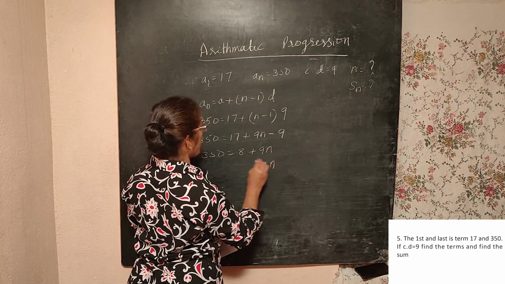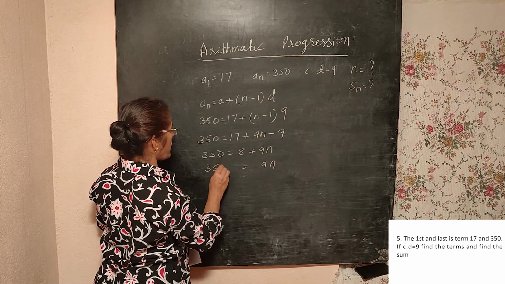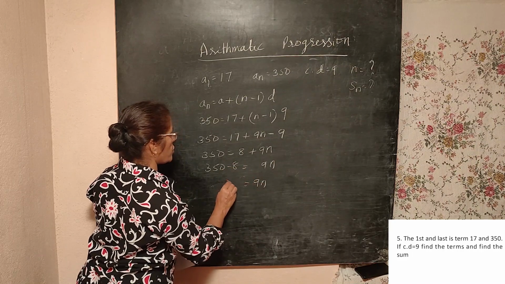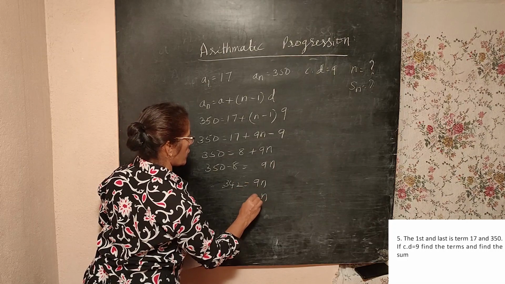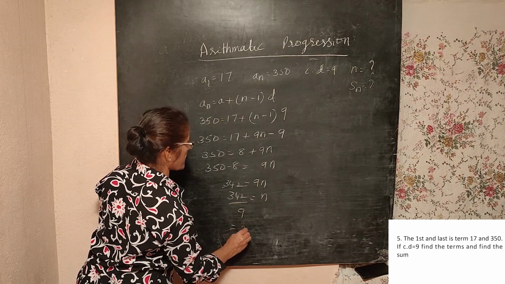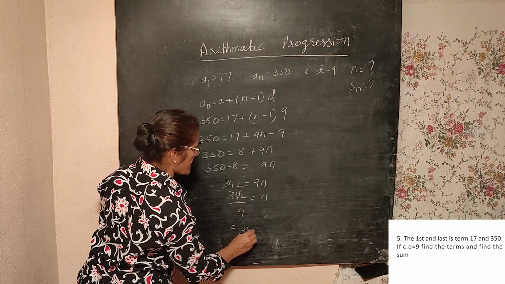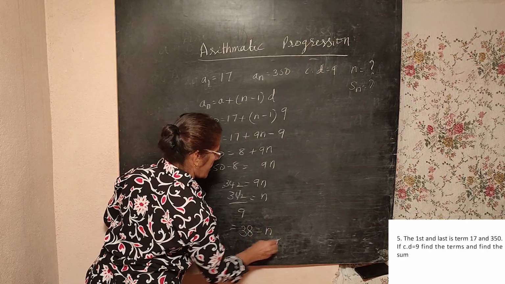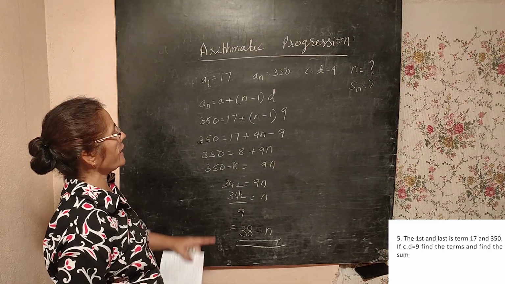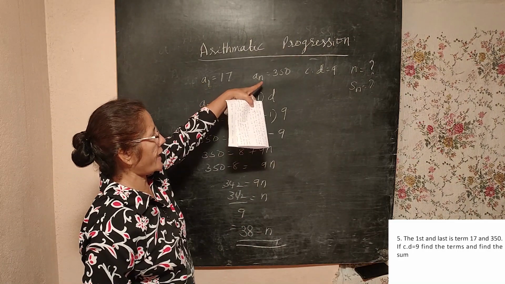So 9n = 350 − 8. 9n = 342. So n = 342 divided by 9. 9 3s are 27, 9 8s are 72. n = 38. Once I get n = 38, I know A, I know An.